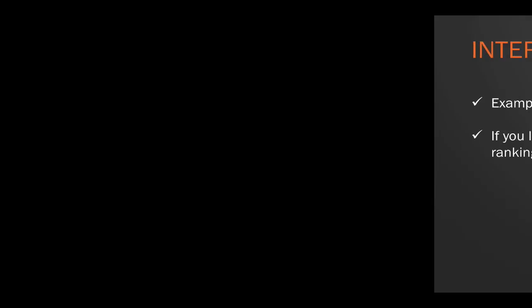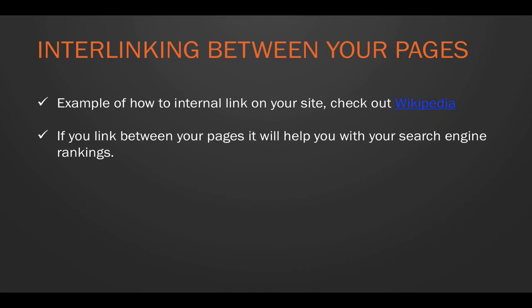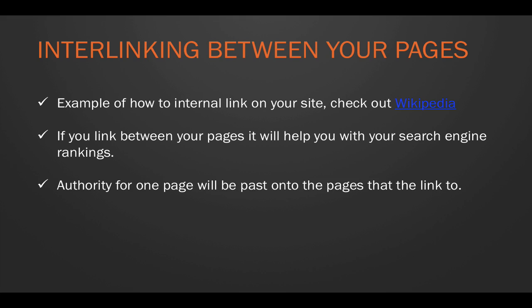And in this page again, it links off to the other pages that are referenced in this particular page. So the reason that we want to interlink between our pages is really because it helps with our search engine rankings. So say, for example, we have authority on one page, which really means that we have a lot of external links from around the internet pointing to it, showing that the content is great.